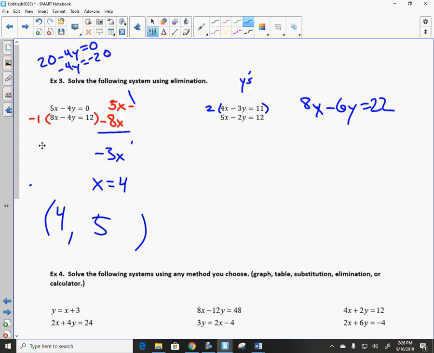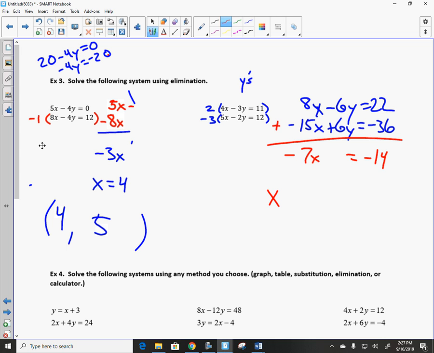So what do you multiply the bottom by? -3. And we get -15x plus 6y is -36. Add those together. -7x equals -14.